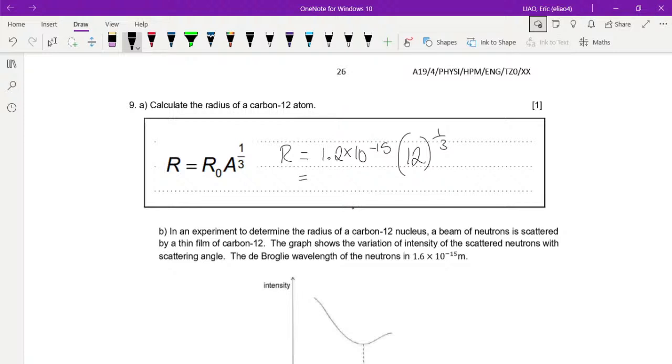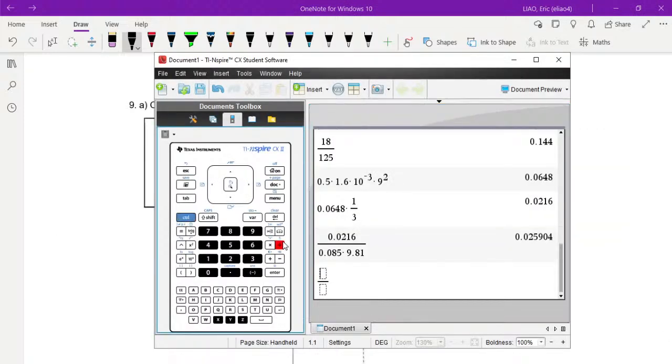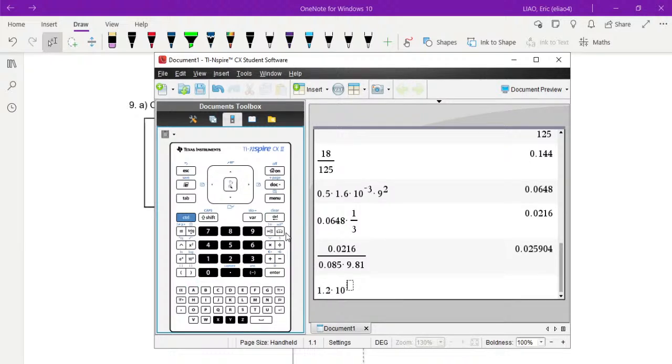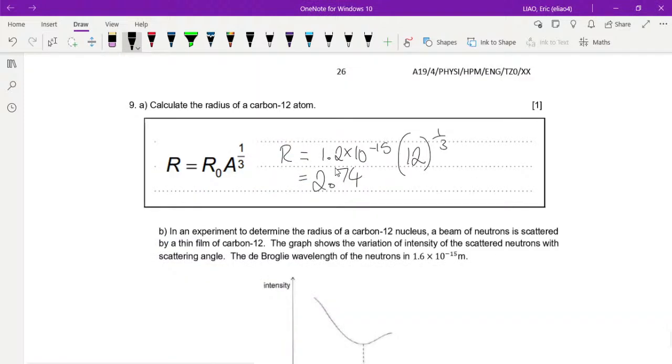Thus, I will leave this as 12 and calculate the radius using it. Whoopsie daisies. I guess.